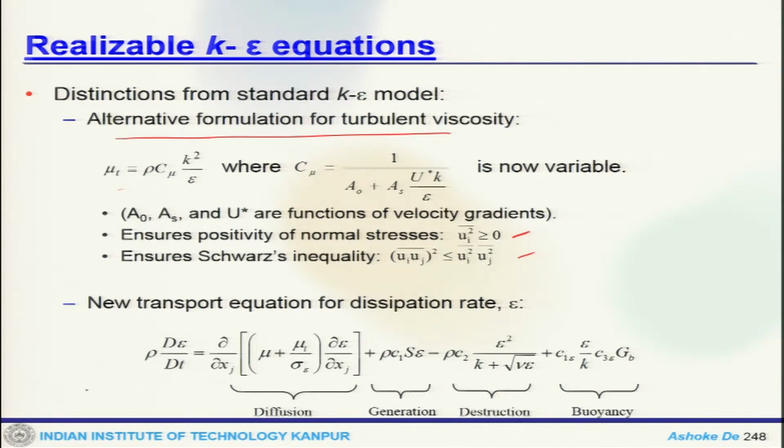So, the dissipation rate equation has the typical diffusion, generation, and the destruction term is modified, and also the effect of buoyancy. So, you can see there is quite a bit of improvement which takes place here for the realizable K epsilon model.